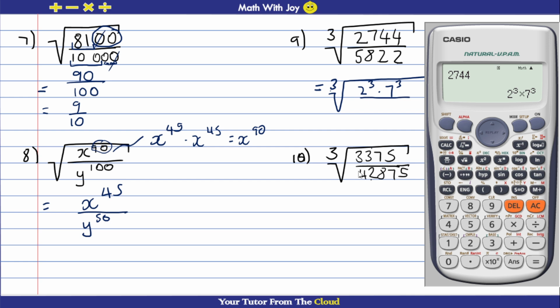So that's what we have there at the top. That number changes to this. Now at the bottom, we've got 5,822, which equals, shift, and then we get 5,000. I don't believe I wanted to use this one, because then it's not going to work out nicely for us.